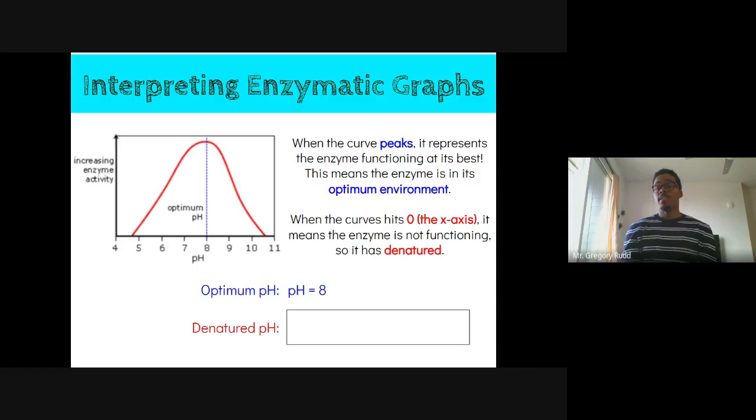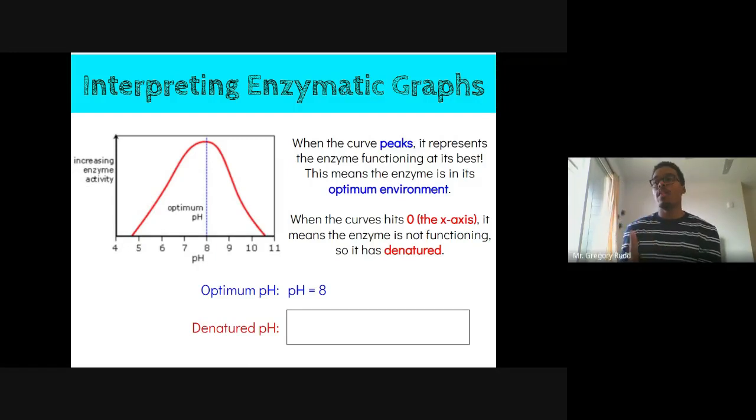And while people are thinking zero is an example of a denatured pH, yeah, we can't even see zero on this graph, but if we could, that would tell us that the enzyme is not working there. Okay, so some people are saying 10.5. Good. At a pH of 10.5, the enzyme is no longer going to work.